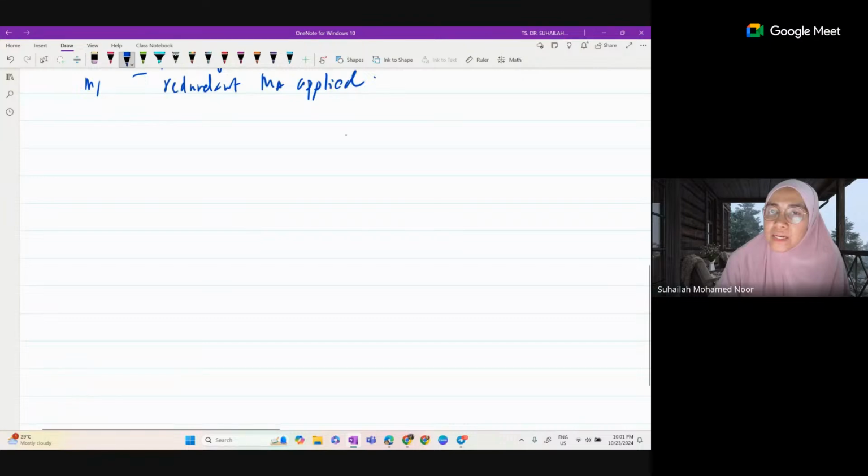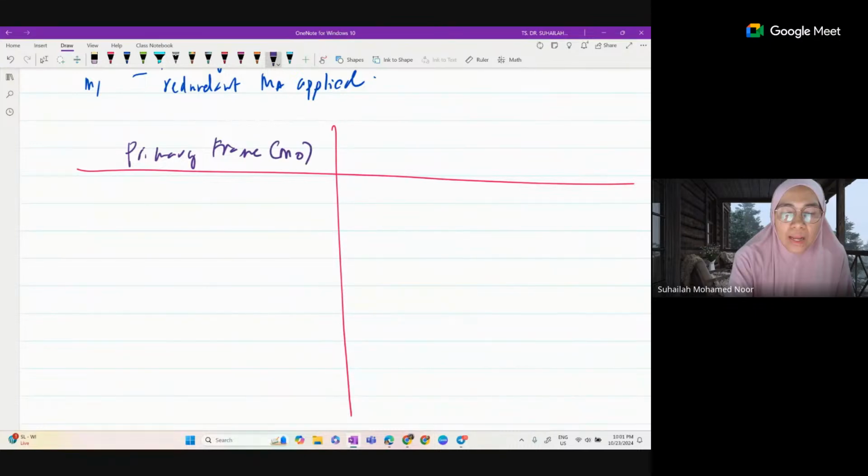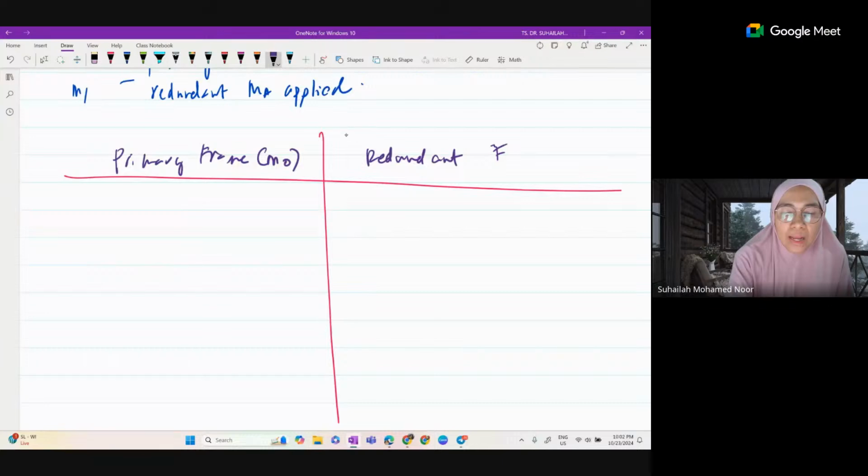So we will have two structures. One is the primary frame, and in the primary frame we will get M naught. We will have another one, the redundant frame, and from this we will get M1.